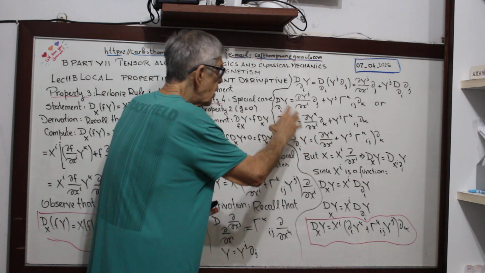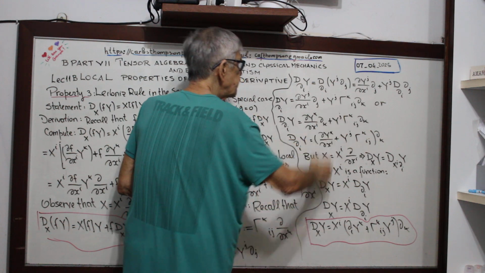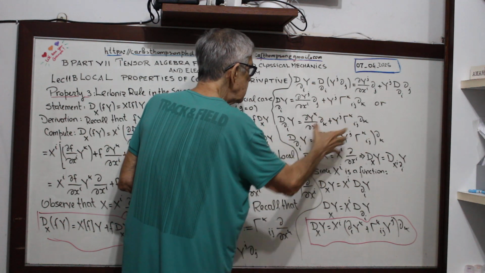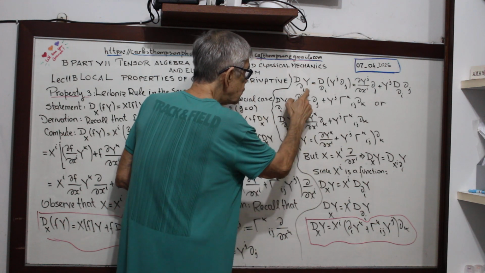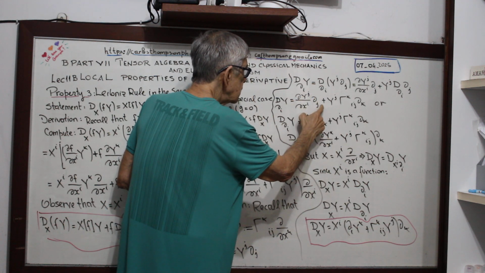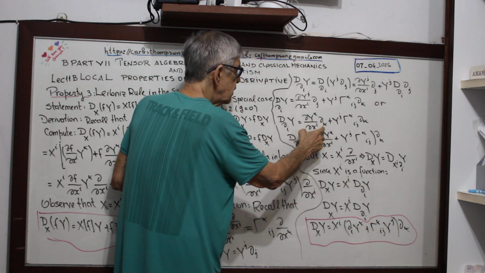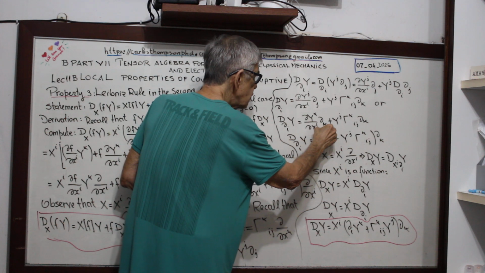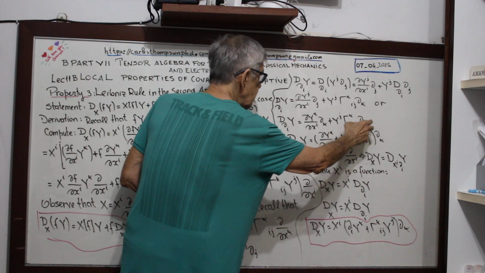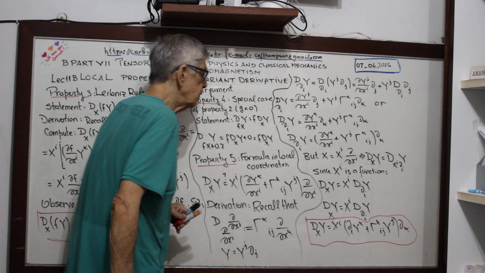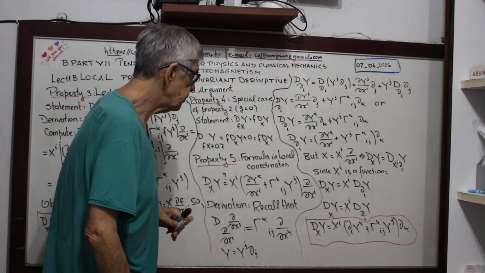So I just set here, and this I can write. You just copy. That's important. j is a dummy index, I can substitute j by k. So this is partial x_k and partial x_k. From this I can write over here partial x_k. It's quite easy to see it.